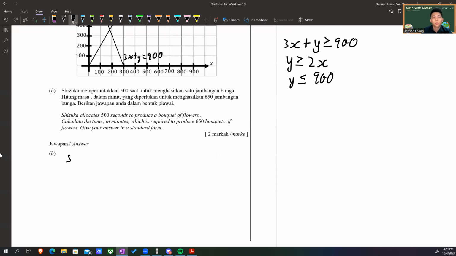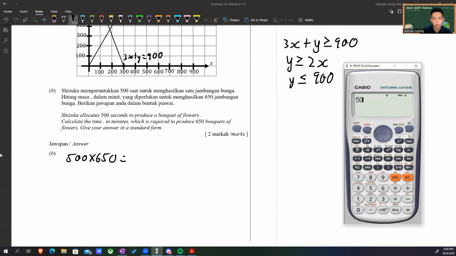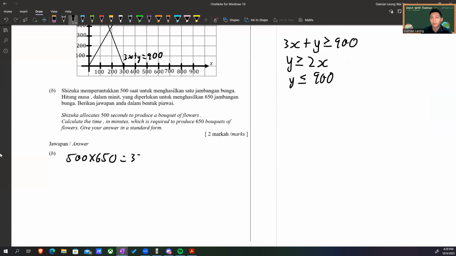So I take 500 times 650. That's the number of seconds, 325,000 seconds. So if I divide by 60, change to minutes.